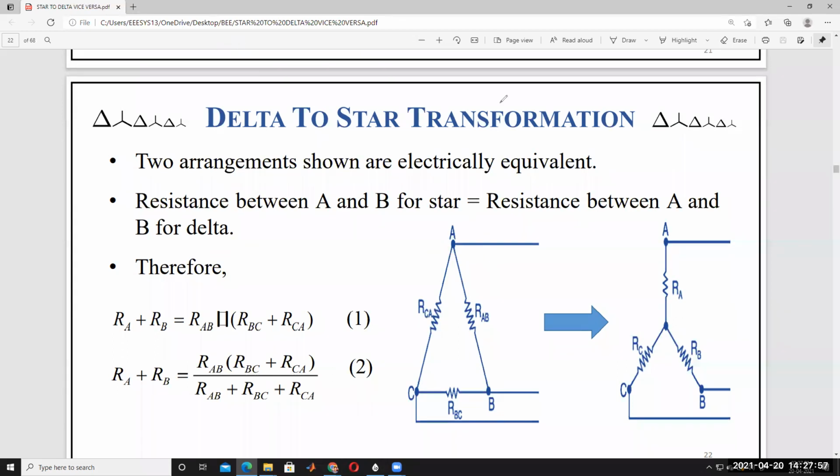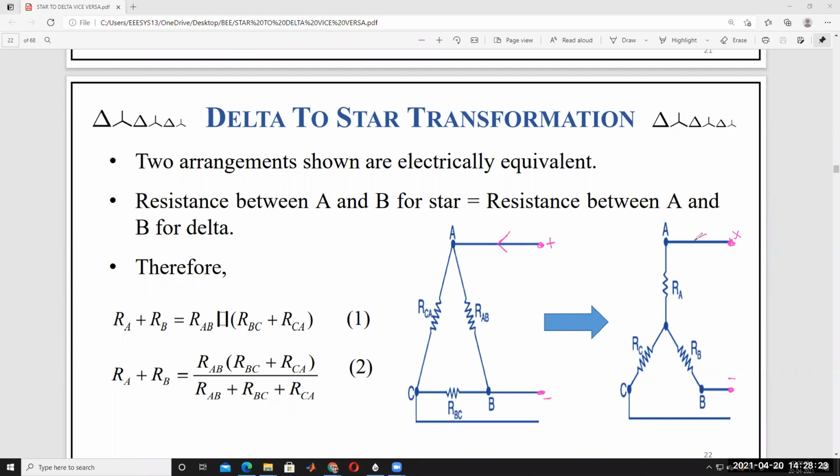For example, if the A and B terminals are connected into a system, like a battery with plus and minus, A is plus and B is minus.